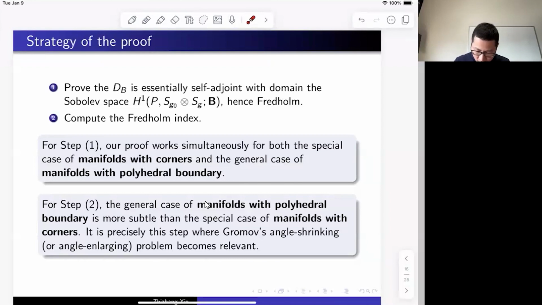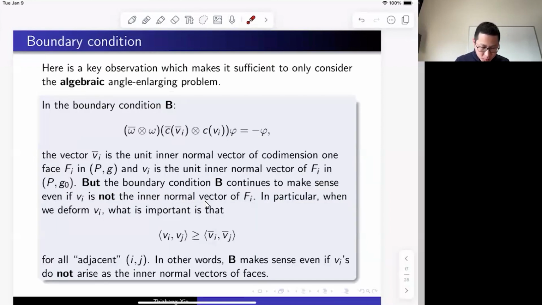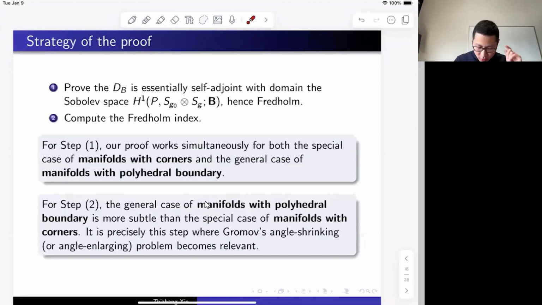Okay. All right. I mentioned a few minutes ago that Gromov's angle shrinking problem, or the original angle enlarging problem itself, as far as I know at the moment, is still open in complete generality. So as I said, what we really need is not the original geometric version.